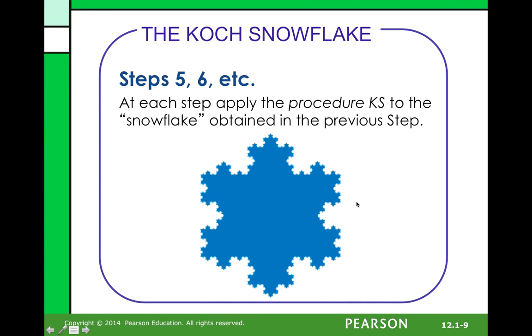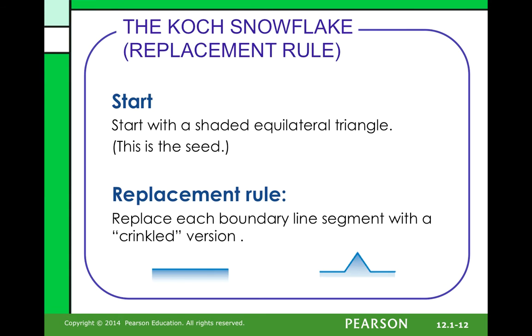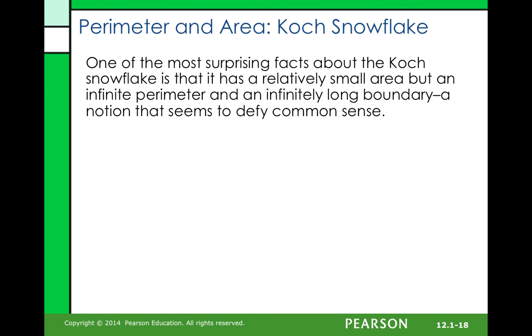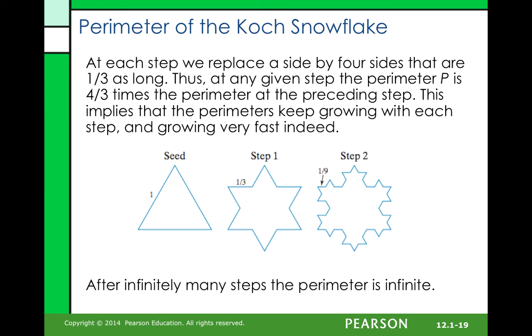But not so with this figure. It's finite area, but its perimeter is infinite. Okay, that's kind of strange. So it seems to defy common sense. If you have a shape with finite area, how could it possibly take you an infinite amount of time to walk around its perimeter? That makes no sense.